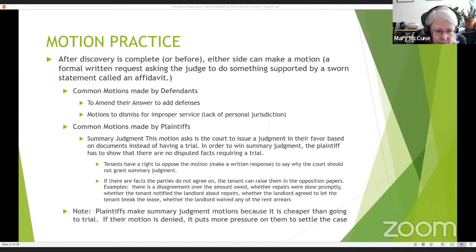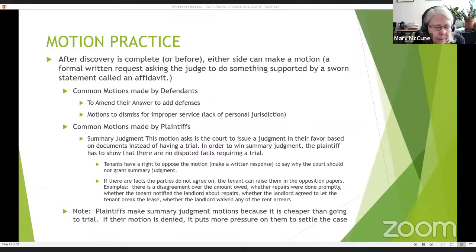Tenants, if you're the defendant, you have a right to oppose the motion, which is to make a written response saying why the court should not give summary judgment. One of the simplest ways to defeat a summary judgment motion, to get the judge to deny it, is to bring up the disputed facts.